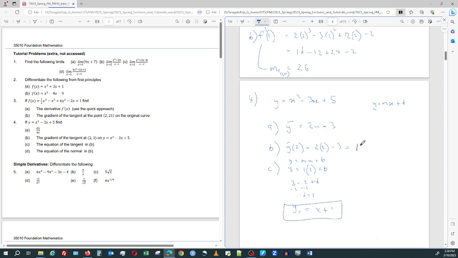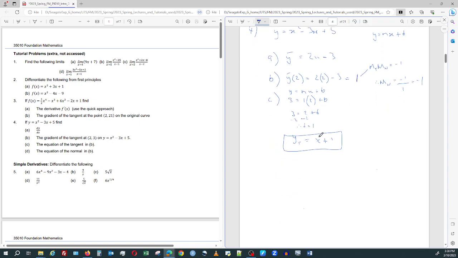Alright, the next thing we know is that m_t times m_n is equal to minus 1. So therefore m_n is equal to minus 1, and dividing by m_t, which itself was 1, is negative 1. So for part D, the equation of the normal, we go again using the same parts, but this time with a changed gradient.